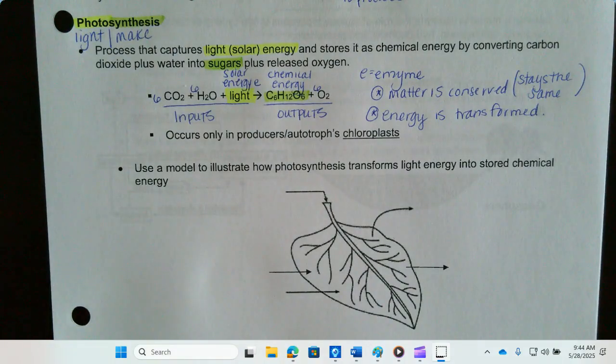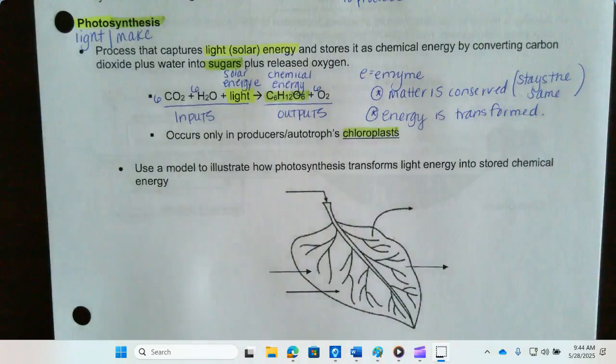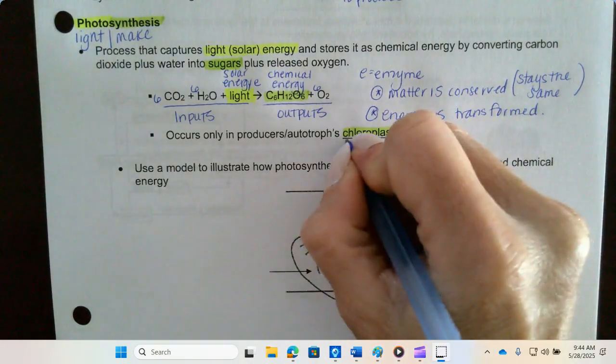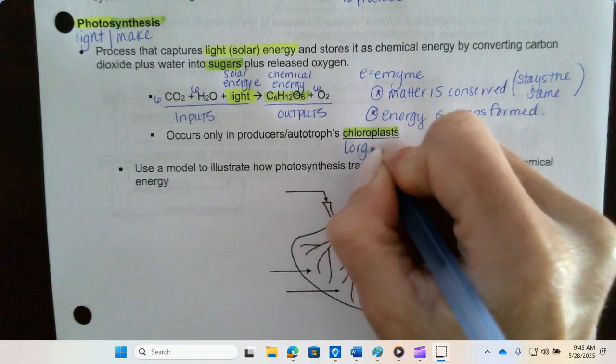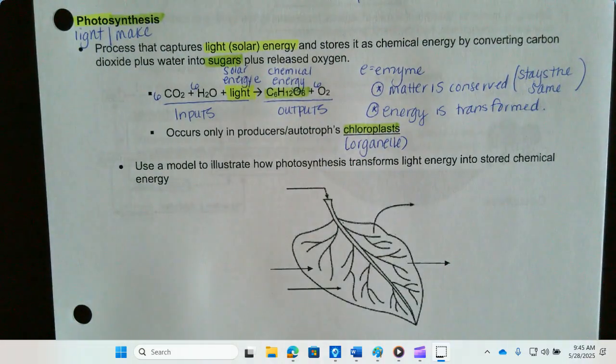To review some other things, where does photosynthesis take place? It takes place in producers and autotrophs inside of their chloroplast. The chloroplast is going to be an organelle, and an organelle is just a tiny structure inside of the cells of plants.